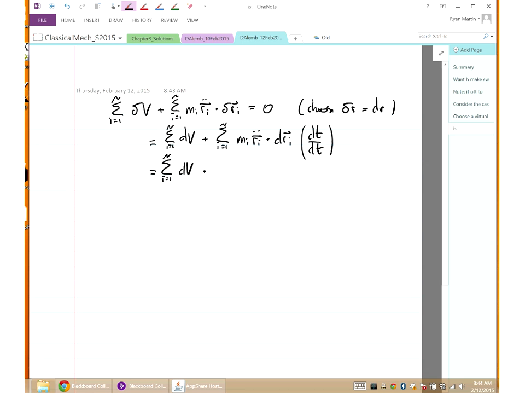So that gives me the sum from i equals 1 to n of dV plus the sum from i equals 1 to n of mi ri double dot vector dotted with, I'm going to take the dt that's in the denominator, so I have a dri by dt, which I'm going to call ri dot, and then I'm still left with the dt from the numerator.